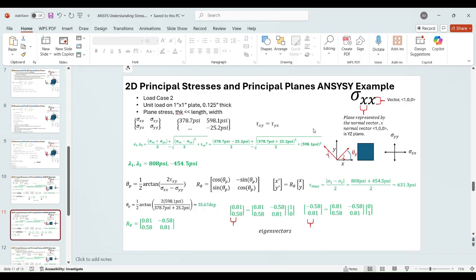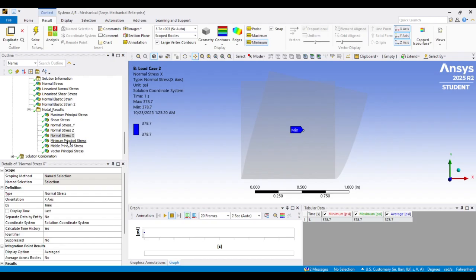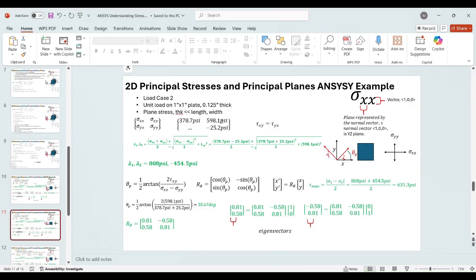So I've done the calculations again for this stress case. Here you see the x stress is 370.7, the y is minus 25.2, and the shear stress from the model was 598.07, and I've rounded to the nearest tenth decimal place.